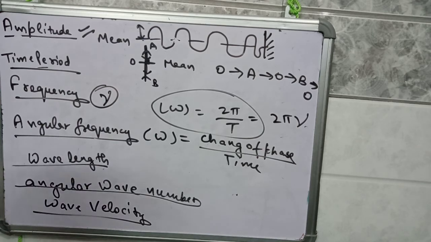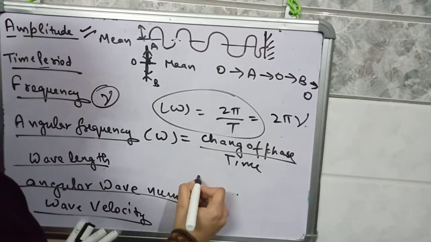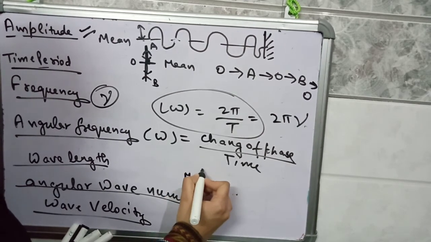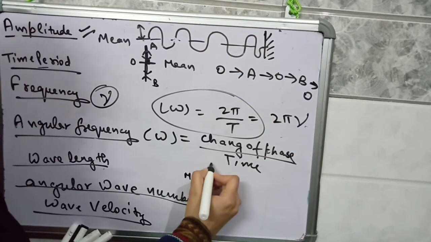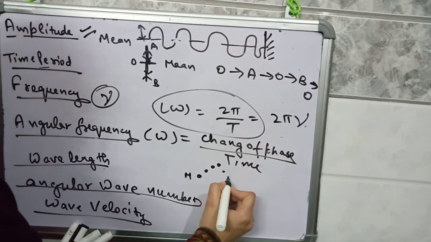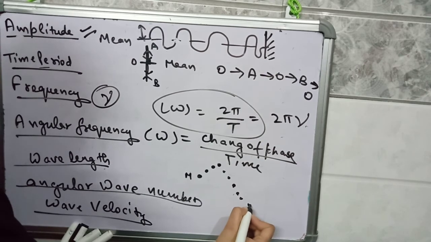Okay. Next is wavelength. So what is the wavelength in wave motion? Okay. So if we focus on a single particle, suppose it is at mean position initially, then after some time it will go to this position, after some time to this position, then to the maximum, then the displacement covered by the object will be in the opposite direction.